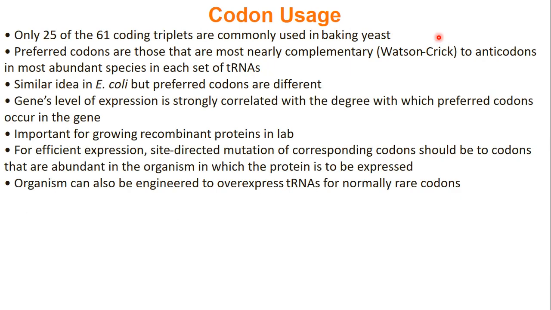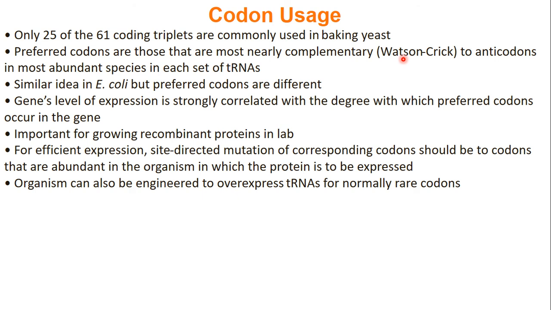And looking at codons a little bit further, if we study yeast used in baking, we find that out of the 61 codon triplets, really only 25 are commonly used. So some codons are used more than others. And the preferred codons are those that form Watson-Crick base pairs to our anticodons.